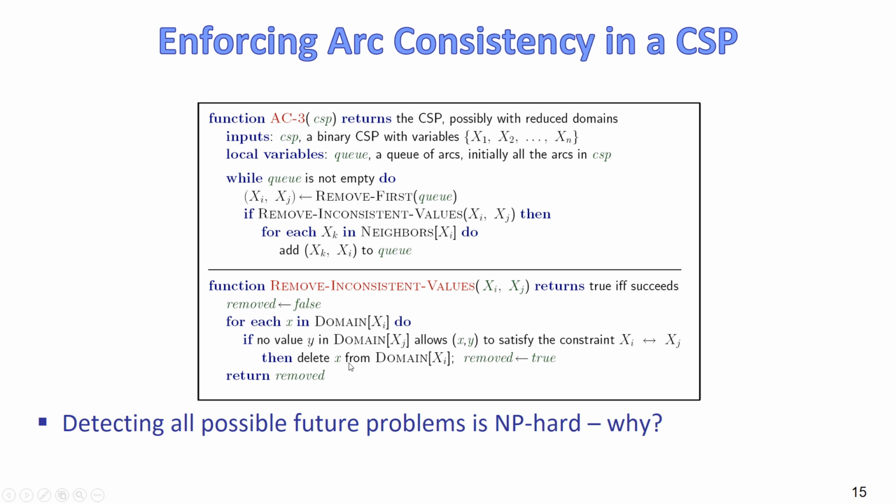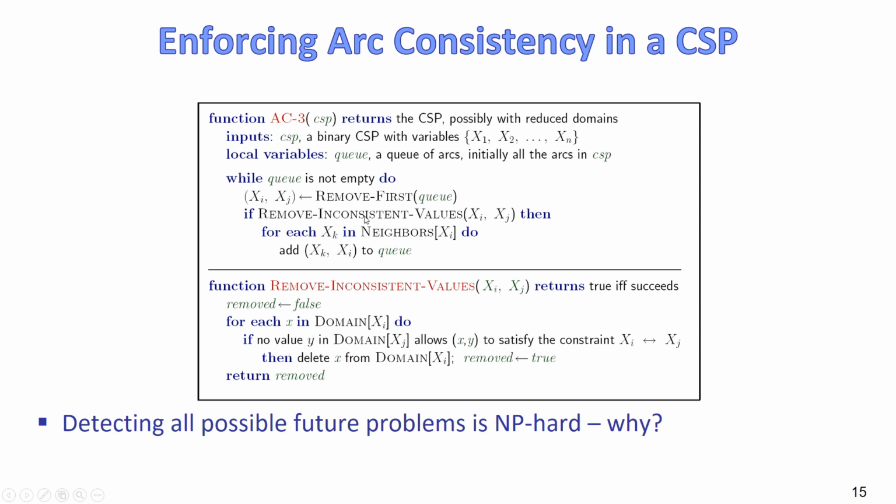If we don't find any value that is consistent, then we'll have to delete that value from the tail. And of course, we will have to indicate that we removed something, so that when we come back here, we'll have to add all the neighboring variables to the queue. So this is the main algorithm for arc consistency.